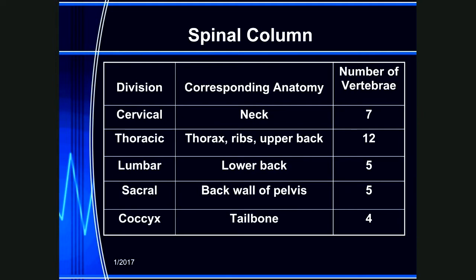But a way that some may want to remember it is cervical 7, eat breakfast at 7. Thoracic 12, eat lunch at 12. Lumbar is 5, we eat supper at 5. The sacral is 5, fused into 1. And the coccyx, the tailbone, has 4.